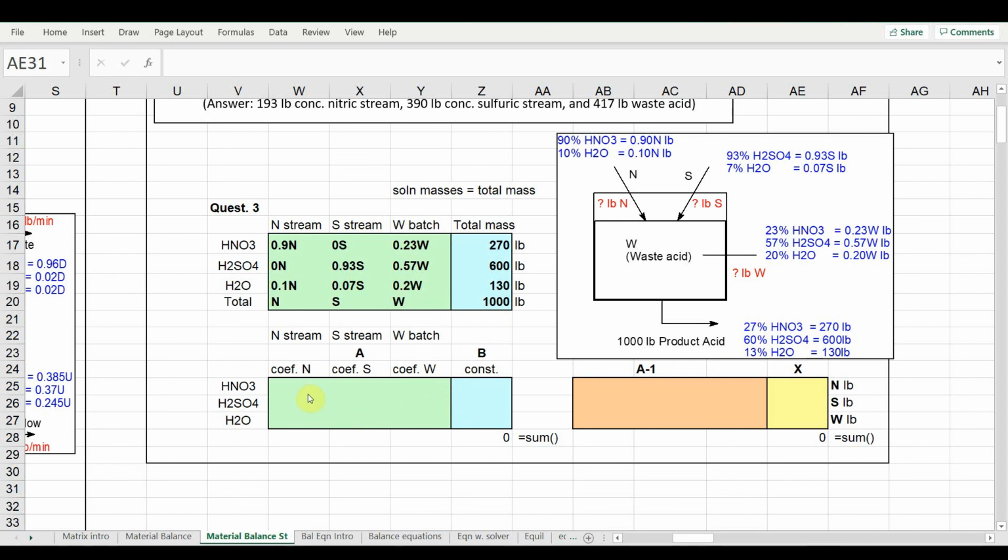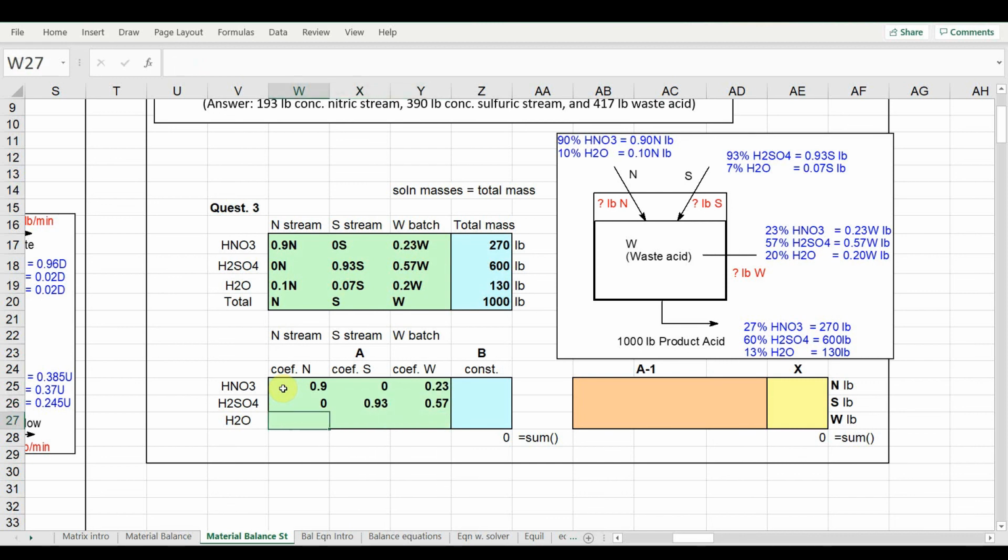We simply transpose the coefficients. 0.9, 0, 0.23. For sulfuric acid, it's 0, 0.93, 0.57. Enter.